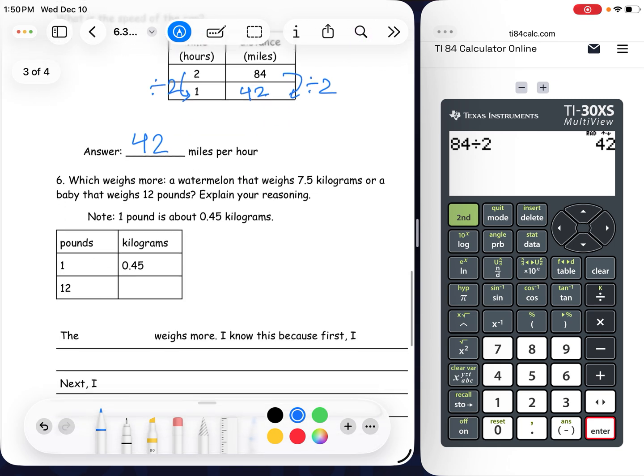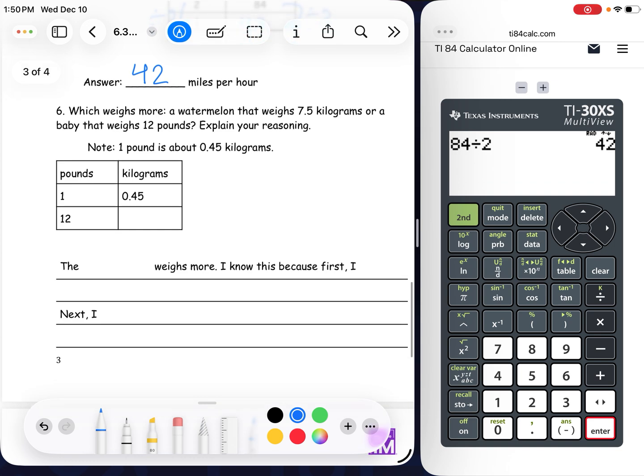Nice work. Question 6. Which weighs more, a watermelon that weighs 7.5 kilograms or a baby that weighs 12 pounds? Explain your reasoning. Note that 1 pound is about 0.45 kilograms. So I'm going to figure out how to get from 1 pound to 12 pounds.